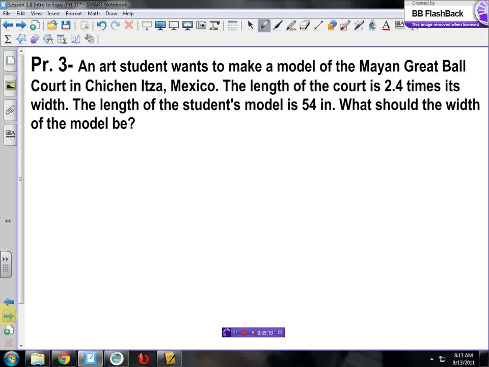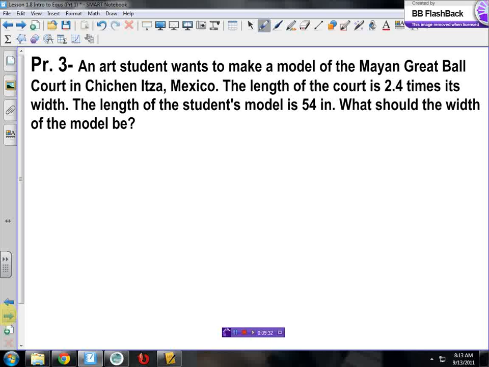The court has a length that is 2.4 times its width. The student's model is 54 inches. What should the width of the model be? We are just going to try to set this up first, because in your homework, I think all it asks is for you to set it up. And then after we set up, we'll solve it just because I think we can.